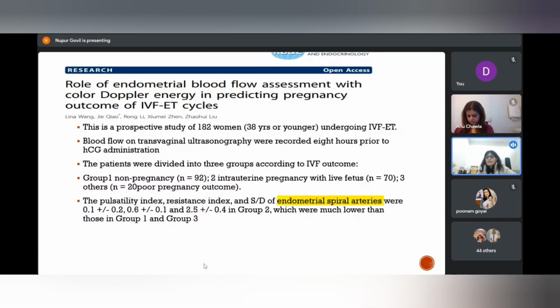This was also a recent study which confirmed similar findings, that there are increased chances of implantation and pregnancy rate when the endometrial blood flow was on the higher side. And they found that in patients who conceived, their PI, RI, and SD ratio were much lower compared to the group of patients who didn't conceive following a fresh IVF ET cycle.